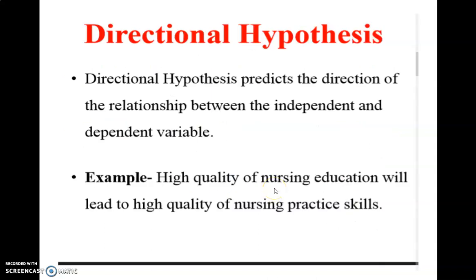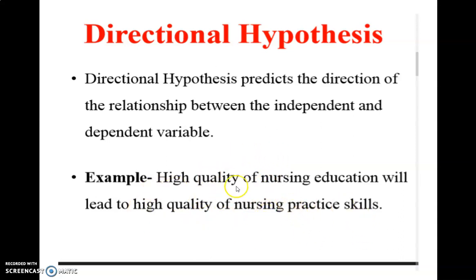So the next pair of hypothesis types is directional and non-directional. So directional hypothesis predicts the direction of relationship between independent and dependent variable. When the researcher writes the relationship, he will give the adjective form of words in the directional hypothesis. For example, high quality of nursing education leads to high quality of nursing practice.